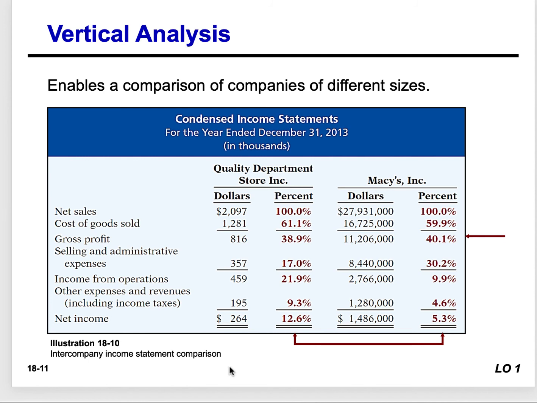So look at the net income. Quality Department's net income as a percentage of sales is 12.6% compared to Macy's, which is 5.3%.